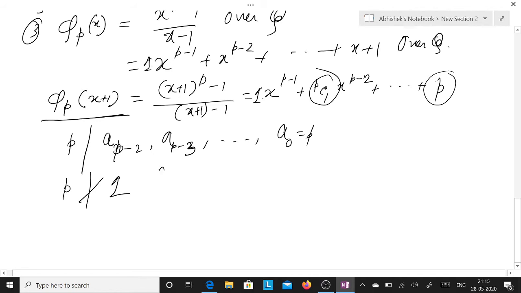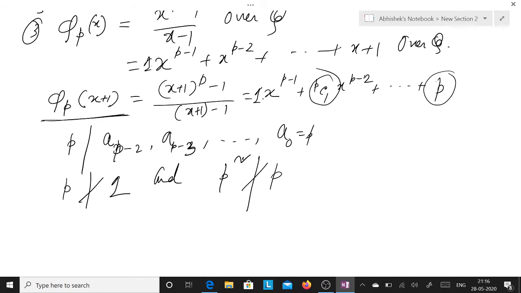And the last condition is p square. Now, p square will not divide p, as p square is strictly greater than p. So how will it divide p? It will not divide p. So p square will not divide the constant term.